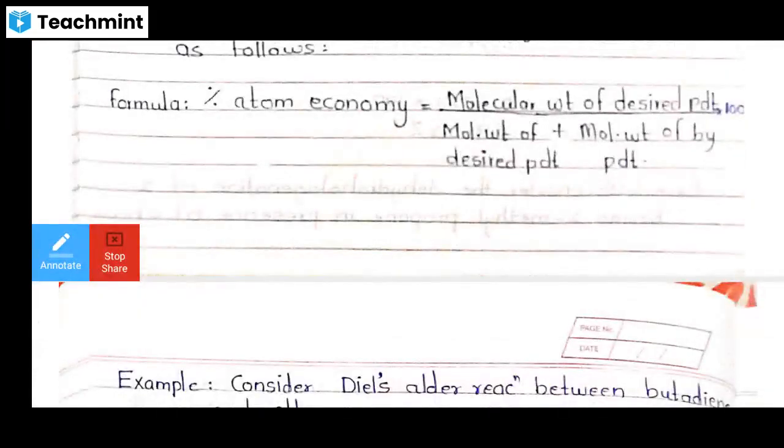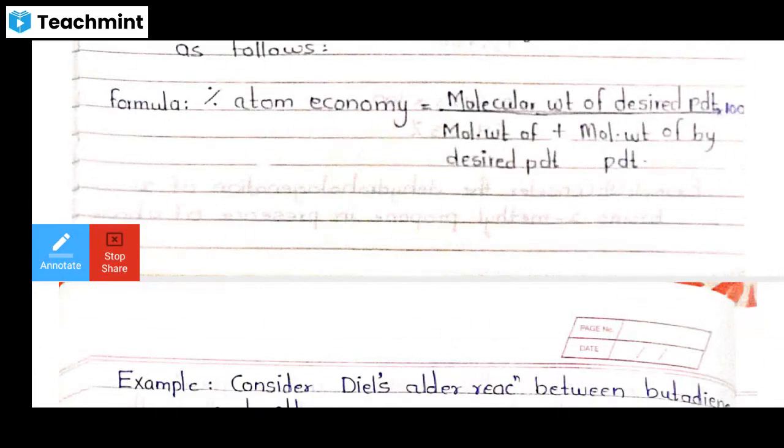The percentage atom economy is equal to the molecular weight of the desired product into 100, divided by the molecular weight of the desired product plus the molecular weight of the byproduct. So the byproduct is also important for deciding the percentage atom economy.